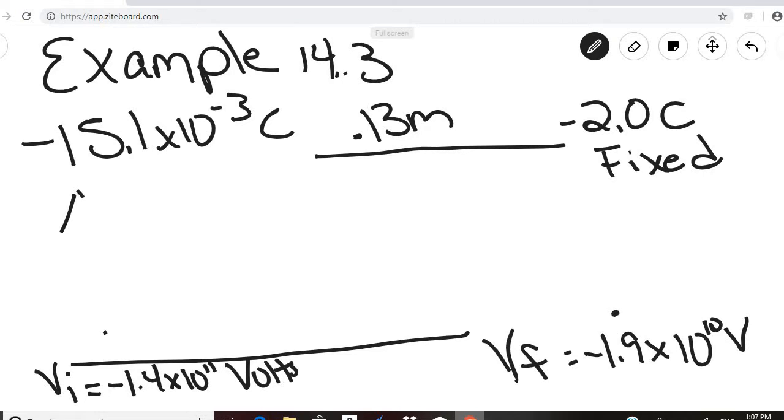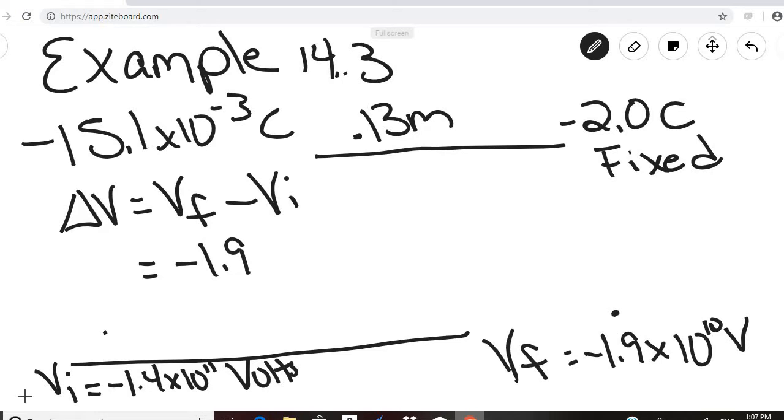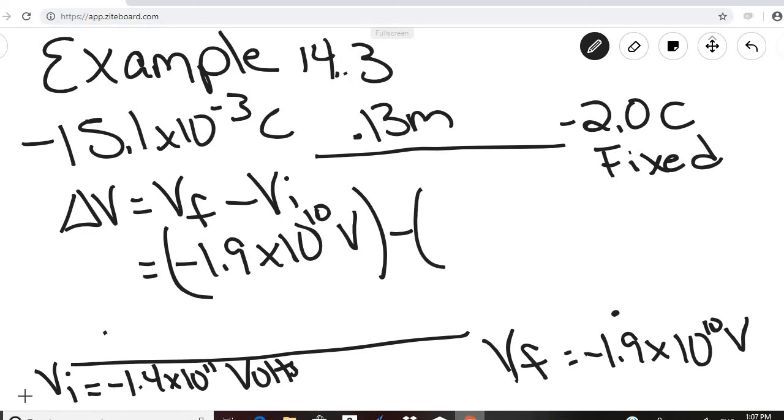Okay, so now with that information, we can calculate the delta V. So delta V is VF minus VI. So it's going to be negative 1.9 times 10 to the 10 volts minus a negative 1.4 times 10 to the 11 volts.